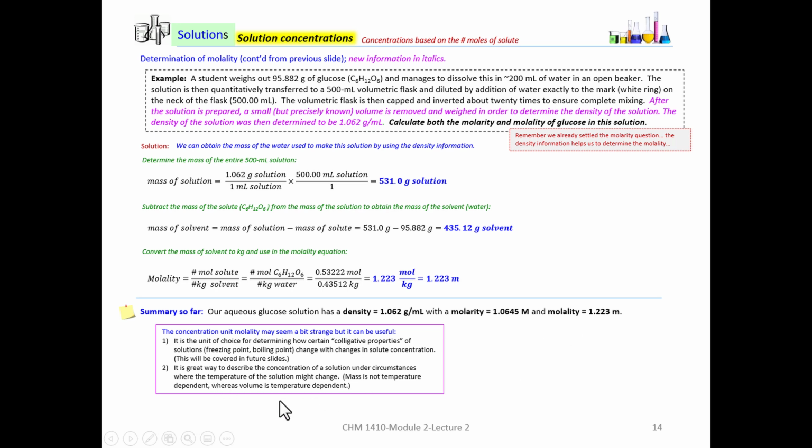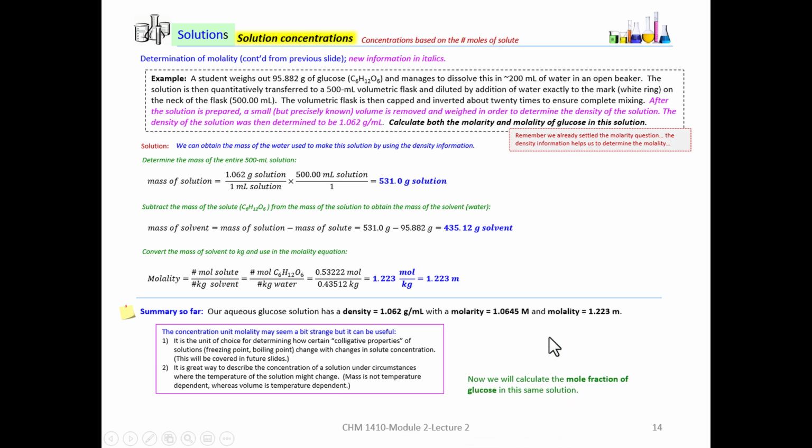Molality is also a great way to describe the concentration of a solution under circumstances where you think the temperature of the solution might change. Since mass is not temperature dependent, molality won't change when you change the temperature.